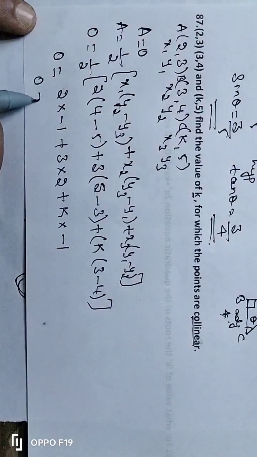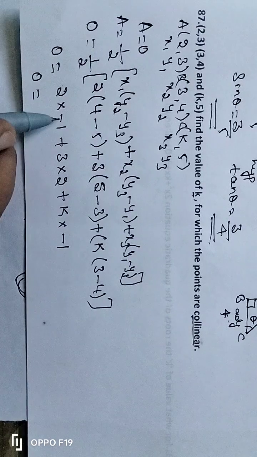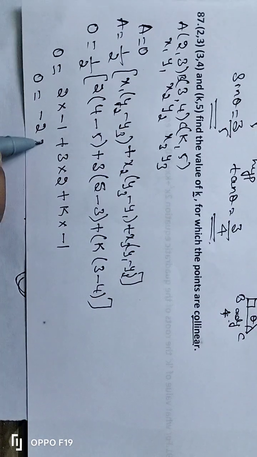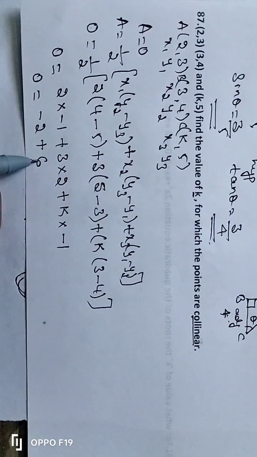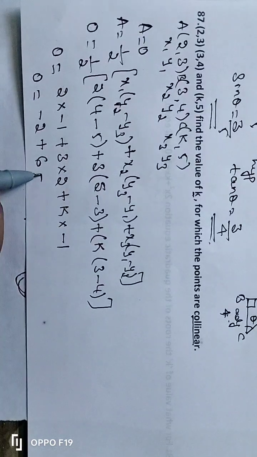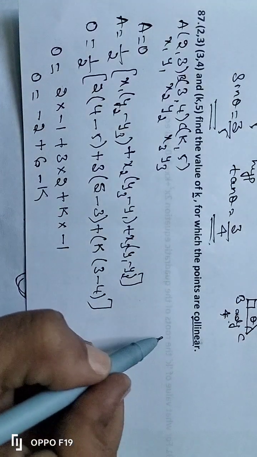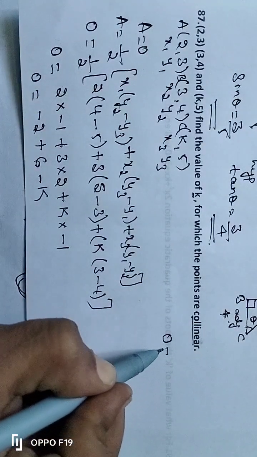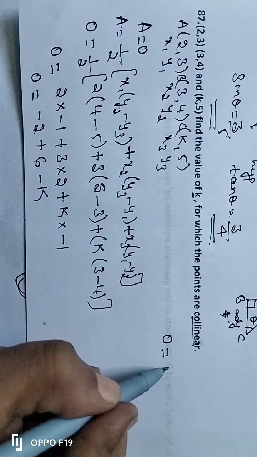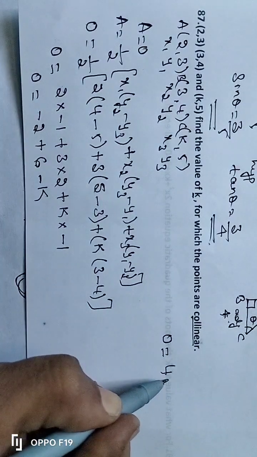So 0 is equal to, plus into minus is minus 2, plus 3 twos are 6, plus into minus is minus k. Now what is minus 2 plus 6? It is 4. So 0 is equal to 4 minus k.